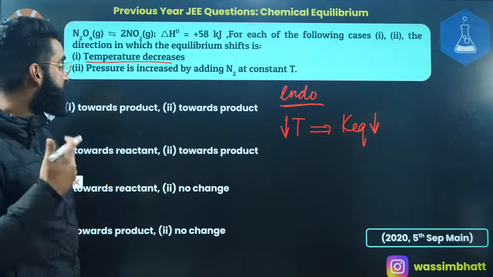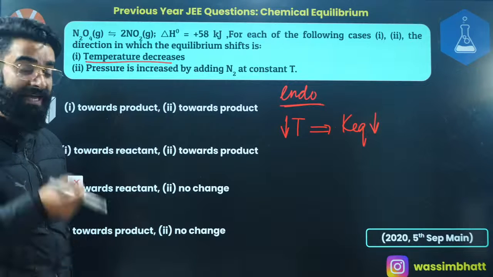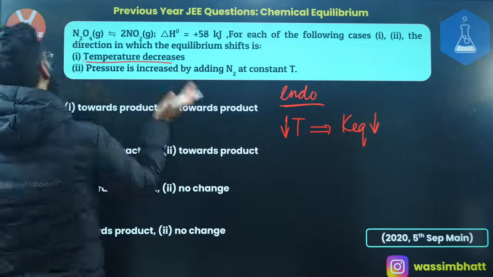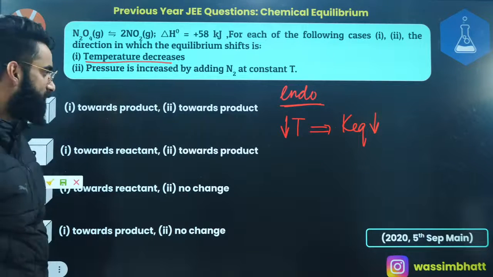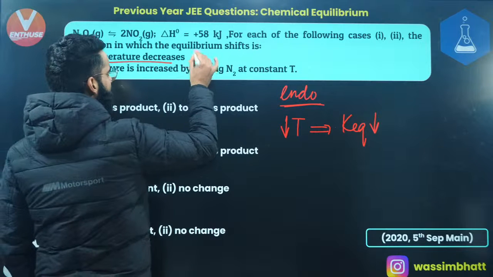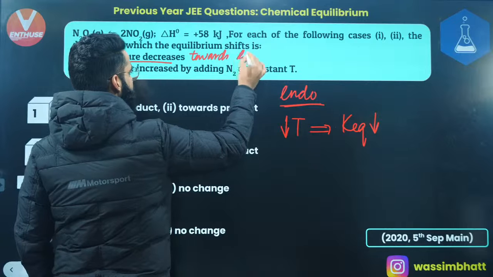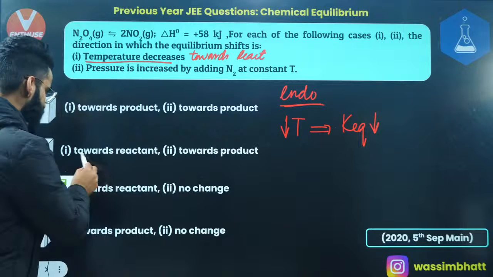And if equilibrium constant decreases, what does that mean? Equilibrium constant will be decreasing when the equilibrium is shifting backwards, towards the reactants. So as per the first part of the question, equilibrium will be shifting towards the reactant side.